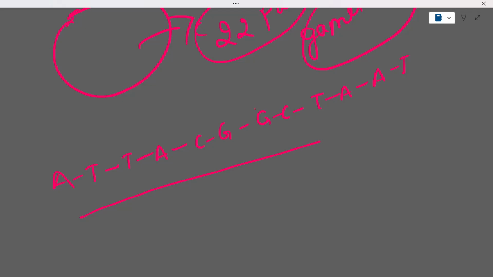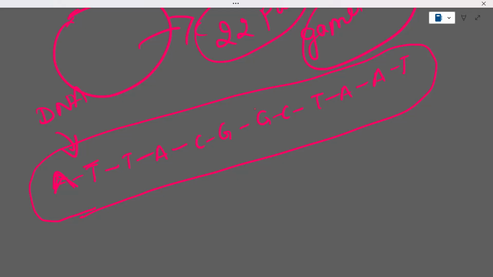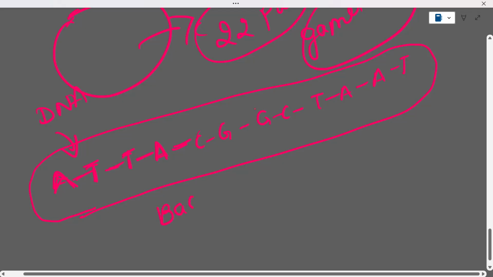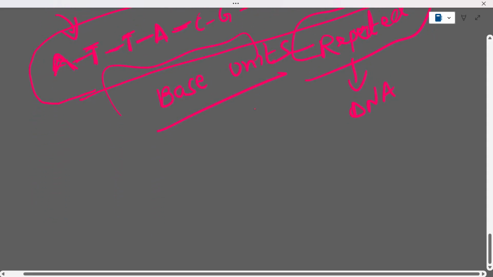So DNA, which is chromosomes, are nothing but the condensed form of DNA, and DNA is the code that is formed out of repetition of base units. So these AT, TA, CG, these are the base units, and when repeated in any such form, they form DNA, and DNA when condensed gives rise to chromosomes.